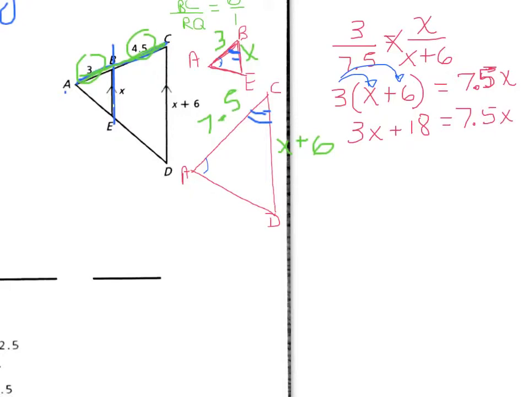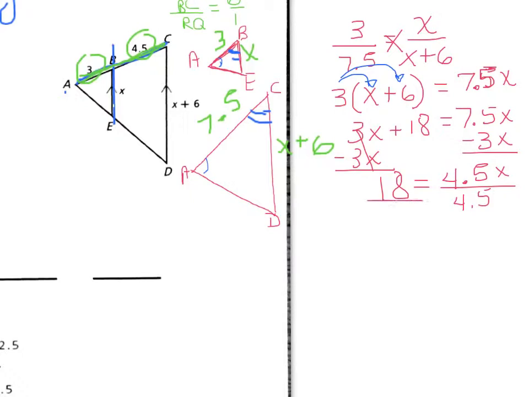When you try to combine x's, it's always better to move the smallest x. So that is 4.5x when you subtract. And when you divide both sides by 4.5, that would be 4.